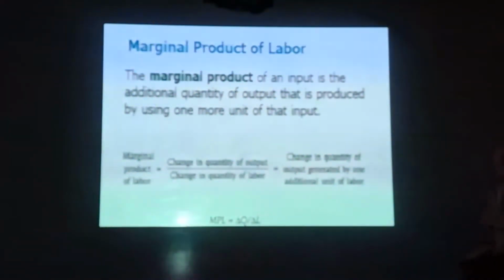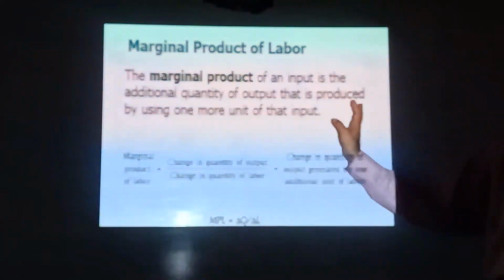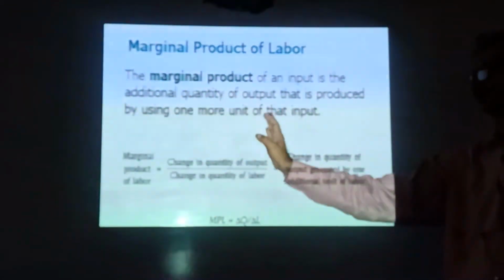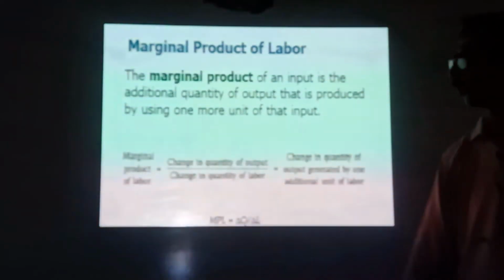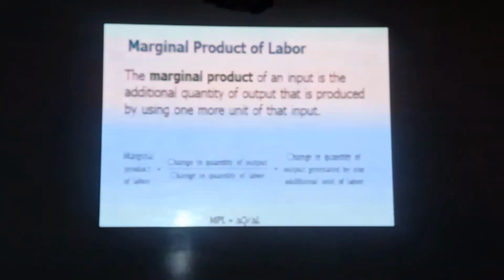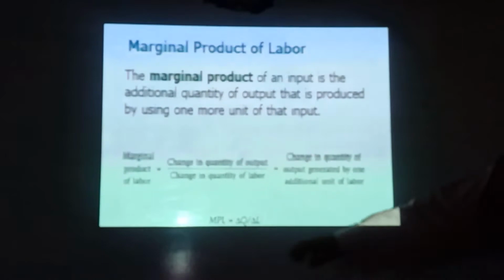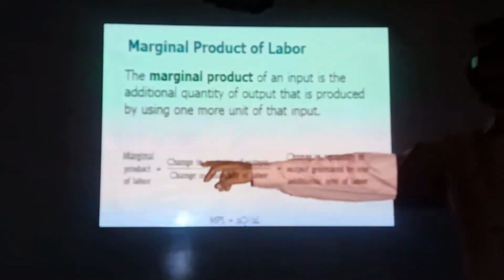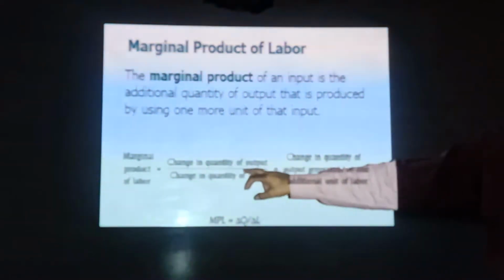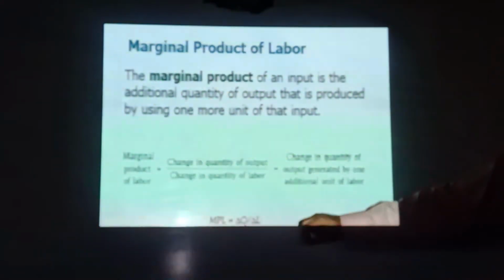So the marginal product of an input is the additional quantity of output that is produced by using one more unit of that input. It means when we are adding one more unit of the input, how much additional output are we getting. To calculate the marginal product of labor, we simply divide the change in quantity of output by the change in quantity of labor.